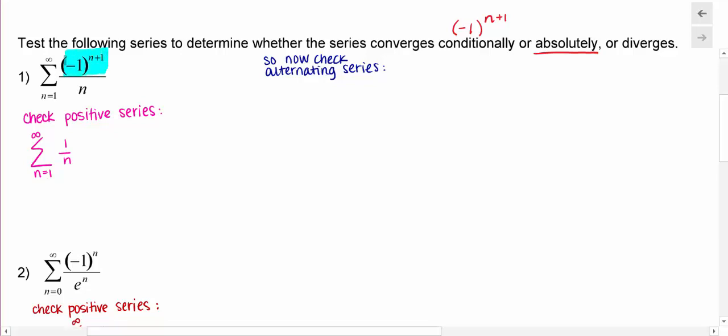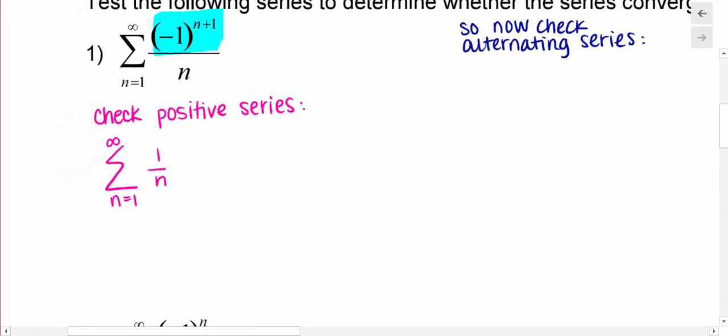So what we're going to do is look at this and make sure that, yep, it is an alternating series here. Now I can say, let's just check this positive series. If I replace that (-1)^(n+1) with just that +1, this series, 1 over n, is the harmonic series, which I told you we would talk about, right? 1 over n.